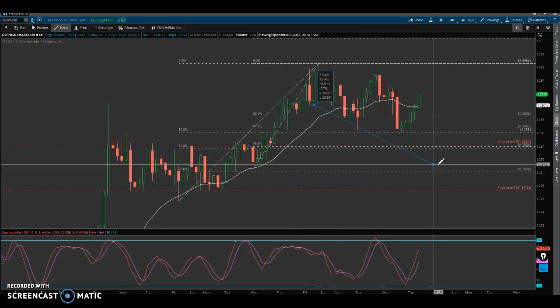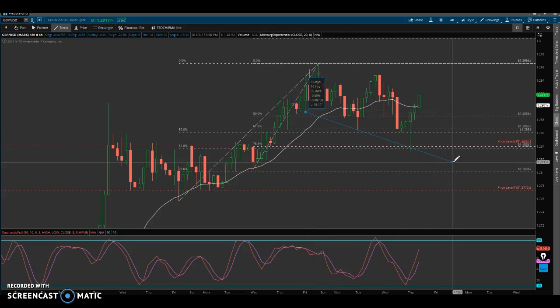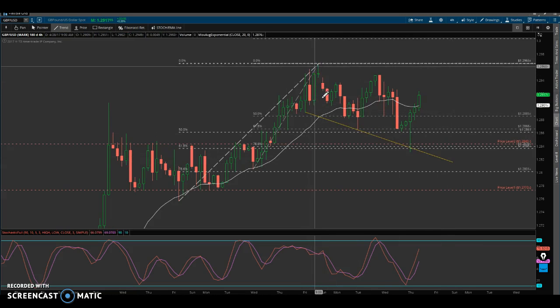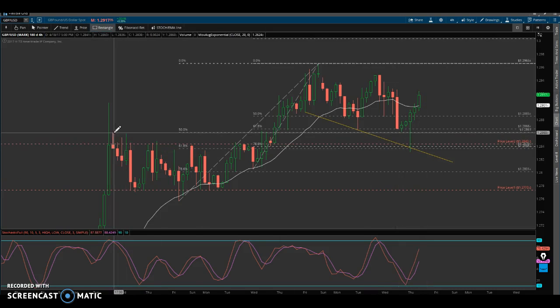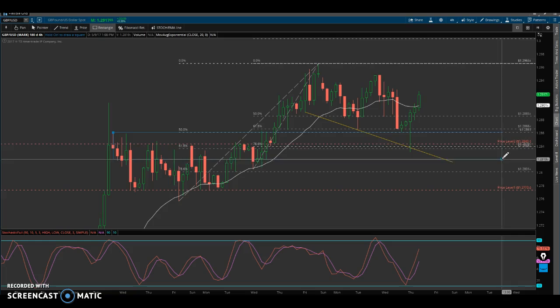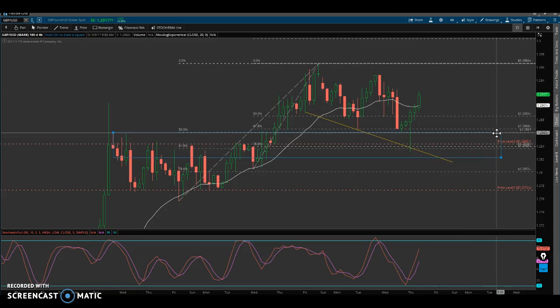There was also a little minor trend line area here, a consolidation lower trend line, so I had this little zone marked out here that I was looking to get long.